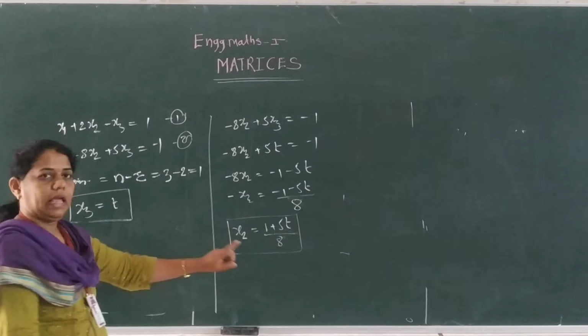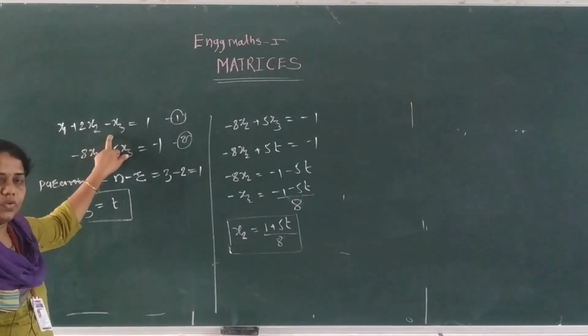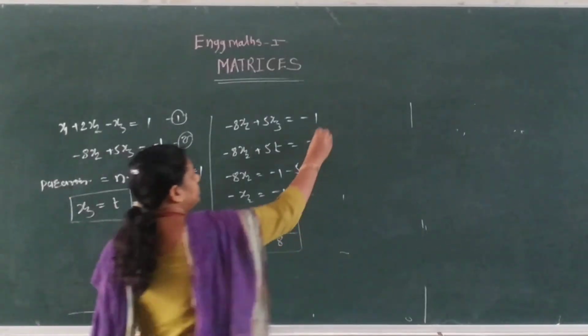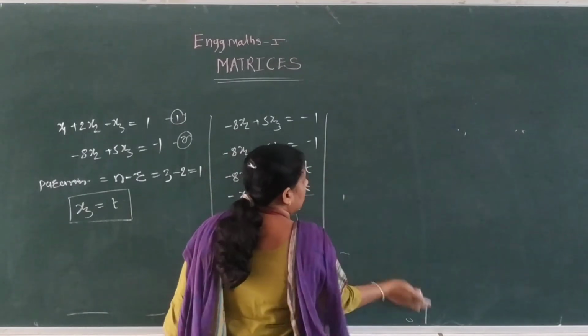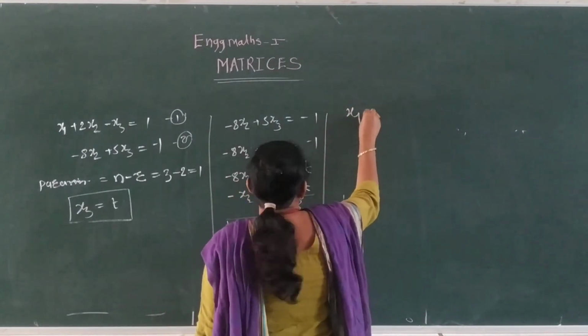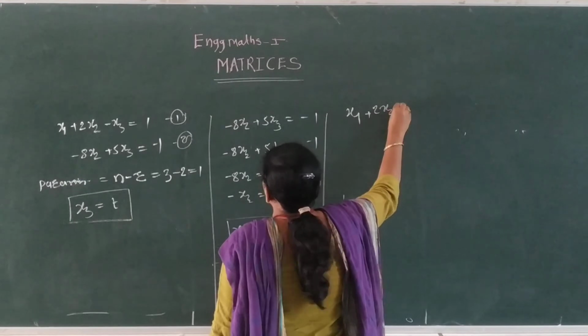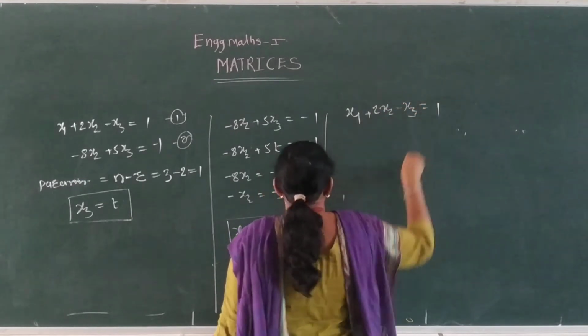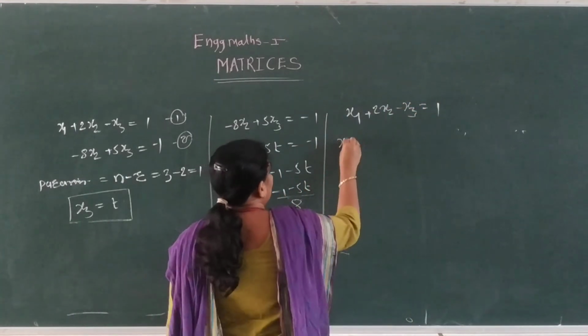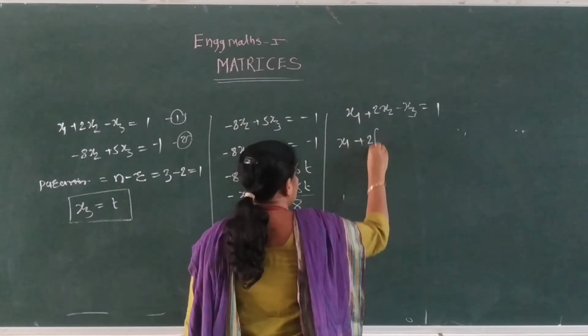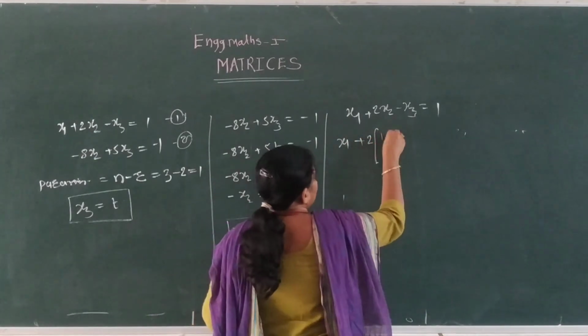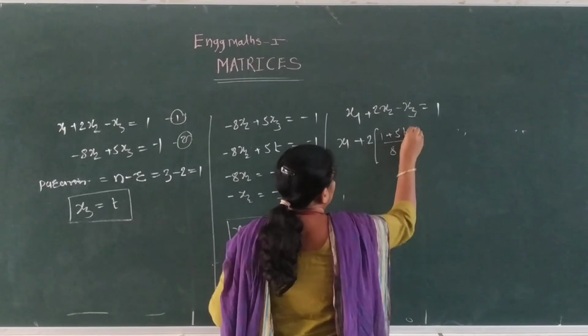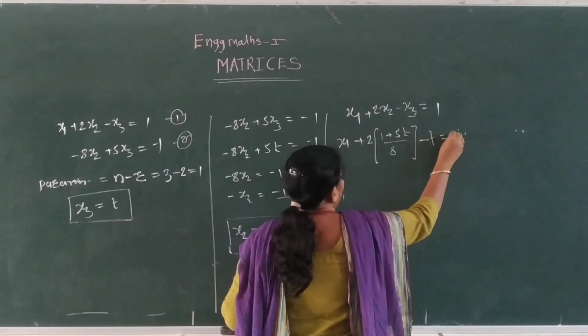Put x2 and x3 in the first equation, we get x1. The first equation is x1 plus 2x2 minus x3 equals 1. Put the values: x2 is 1 plus 5t upon 8, so x1 plus 2 times (1 plus 5t upon 8) minus t equals 1.